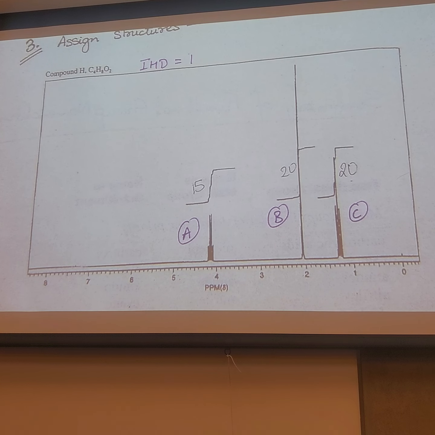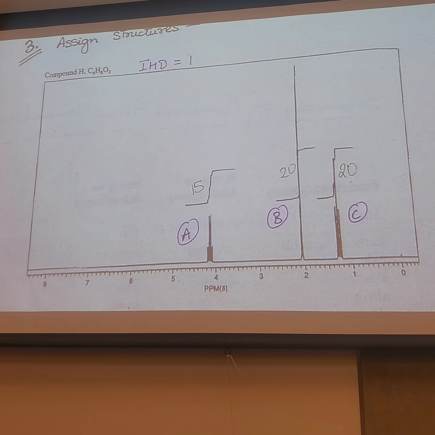My suggestion is, when you're calculating the integration ratio, divide all of them by the smallest of them, and then see where that takes us. So if we have 15 and 20 and 20, and I divide all of them by 15, what do I get? 1 and what? 1.25?